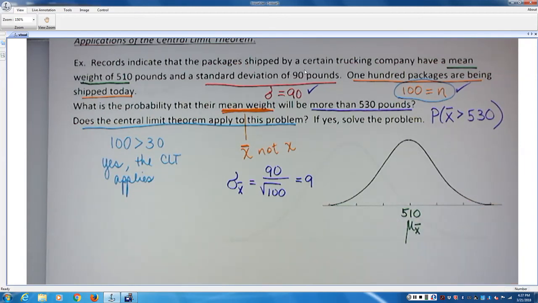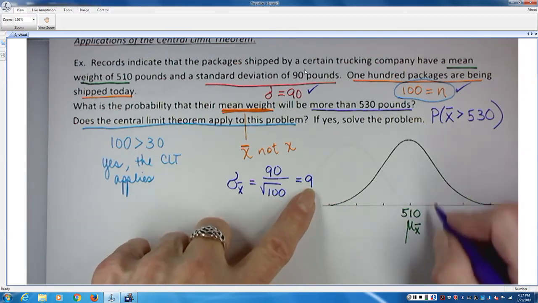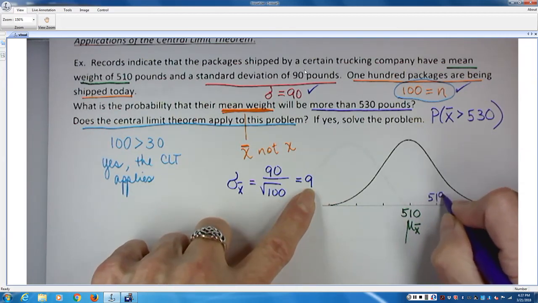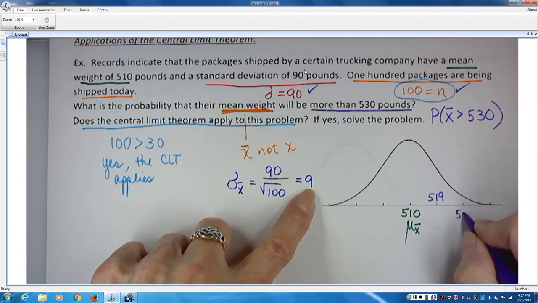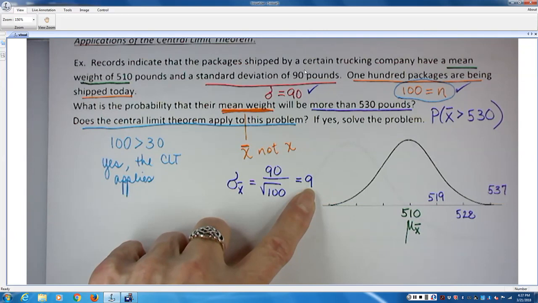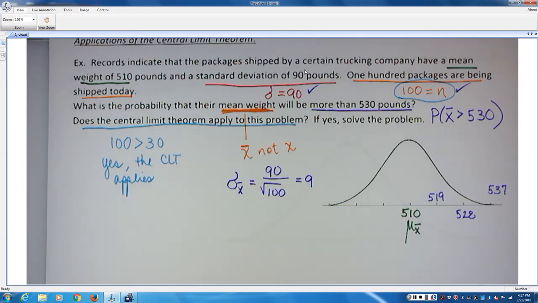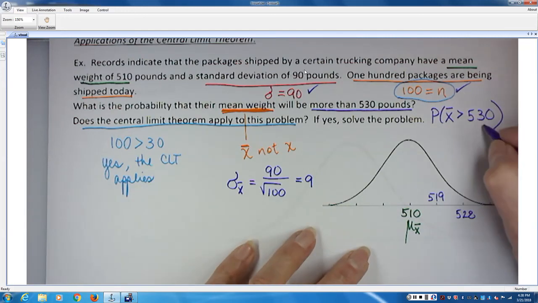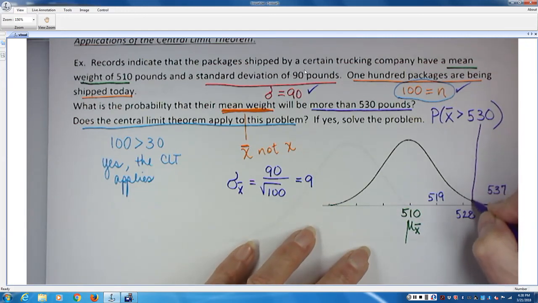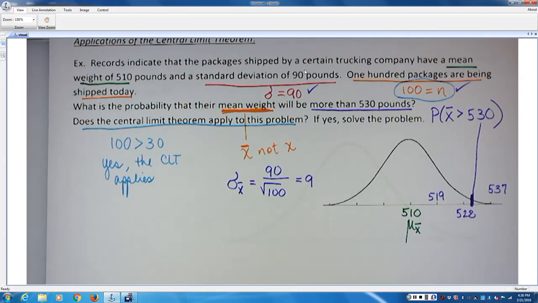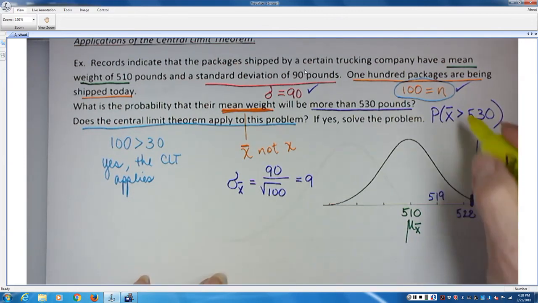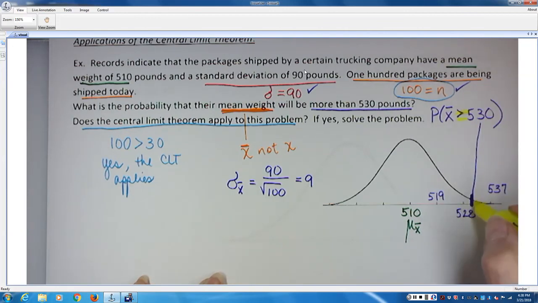This is mu x bar, not just mu. So 510, 519, 528, 537. I'm not going to label this part of the curve because I'm looking for where 530 is. And it's right about there. And the area greater than would be the area to the right.